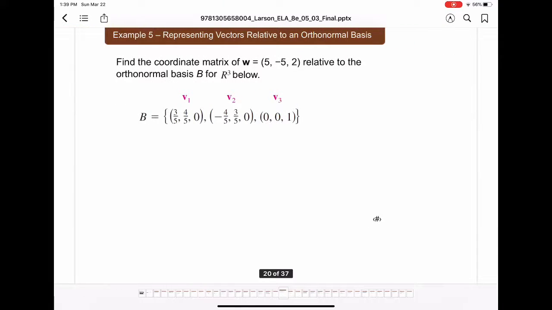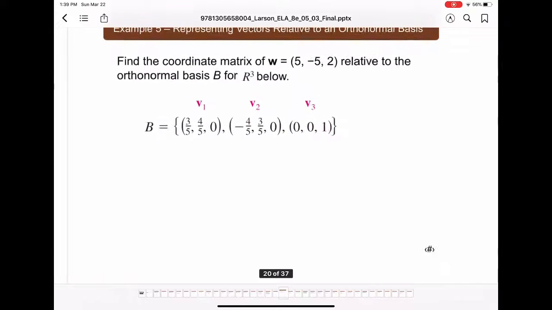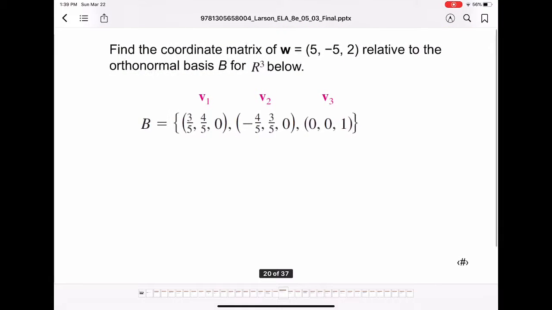the following example. Find the coordinate matrix of W relative to the orthonormal basis B for R3 as below. So B is given with V1, V2, V3, like this. You can go ahead and check if B is an orthonormal basis, right?